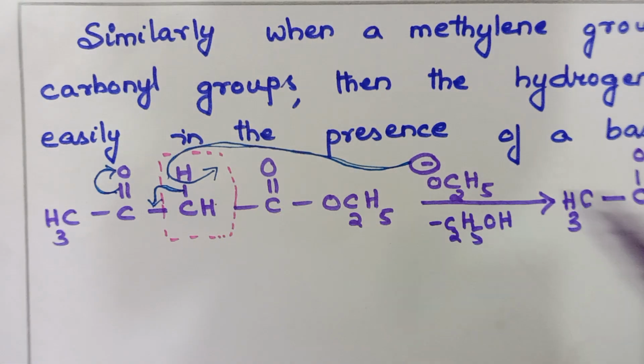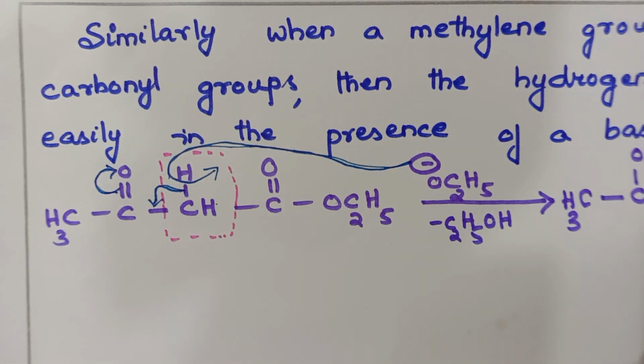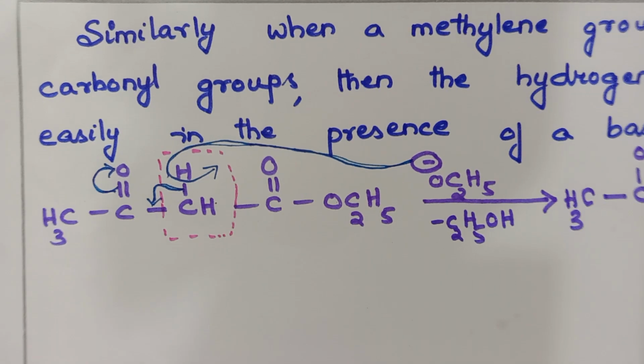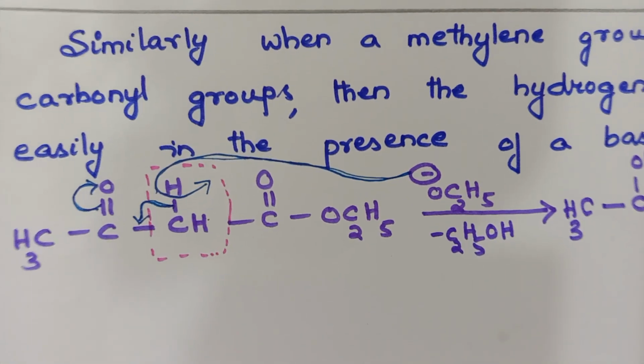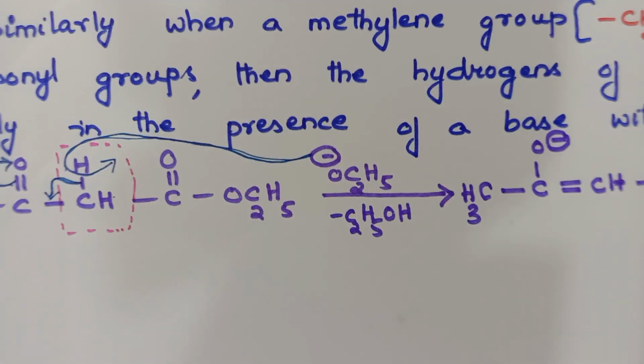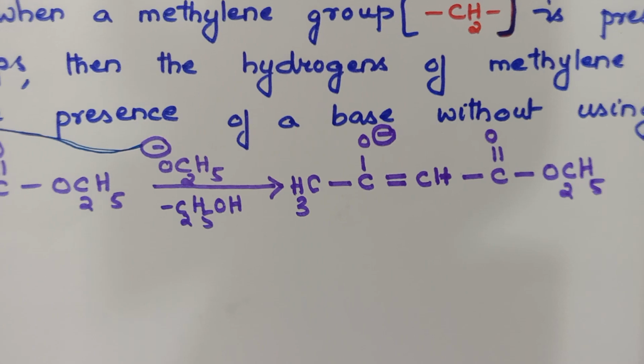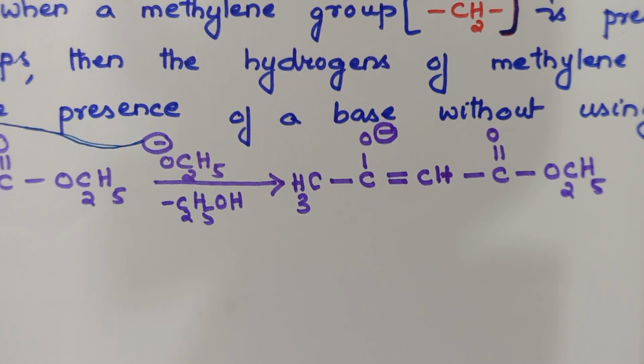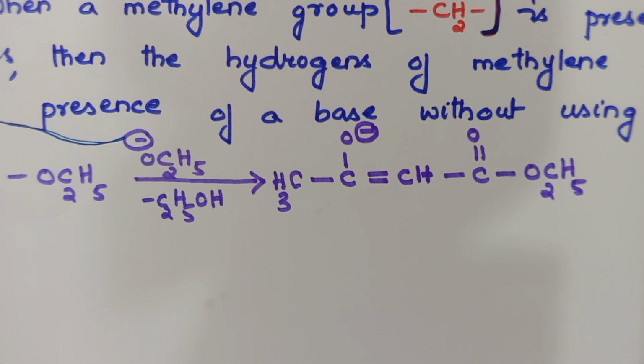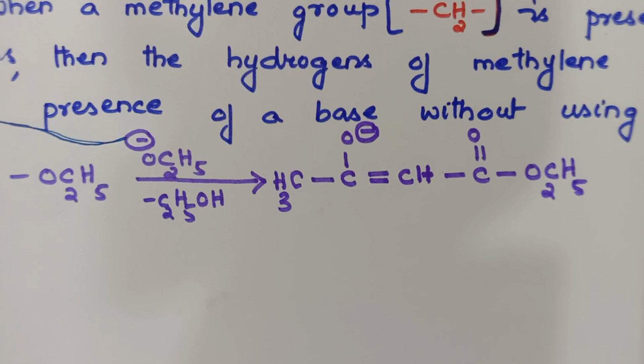So one H is not there, only one H, CH, C double bond O, O, C2H5. I will show you. CH3, CO minus, double bond, CH, C double bond O, O, C2H5.